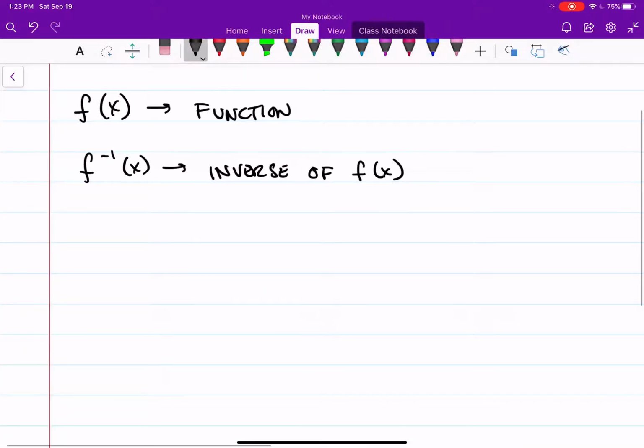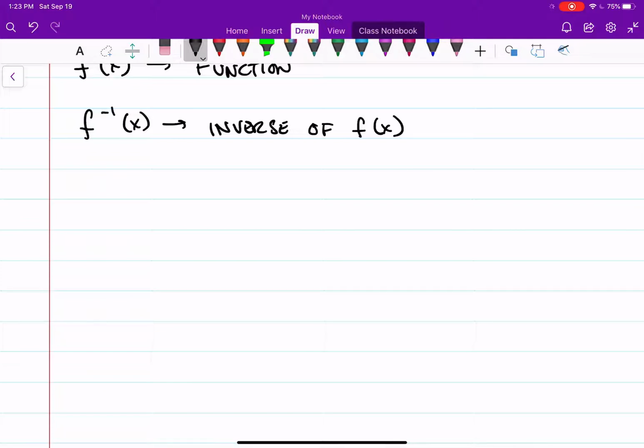So how do we find the inverse of a function?